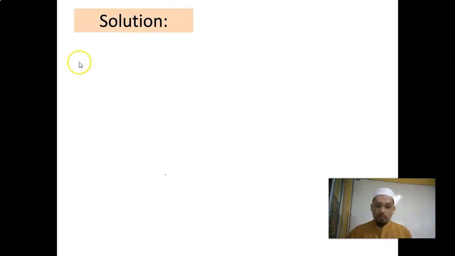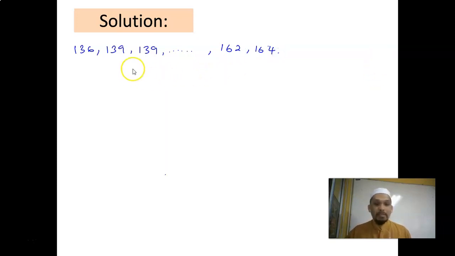Okay, so the first is 136, 139, 139. You list down all of them until the last one here is 162 and 164. Okay, so sketch the line. Now 136.